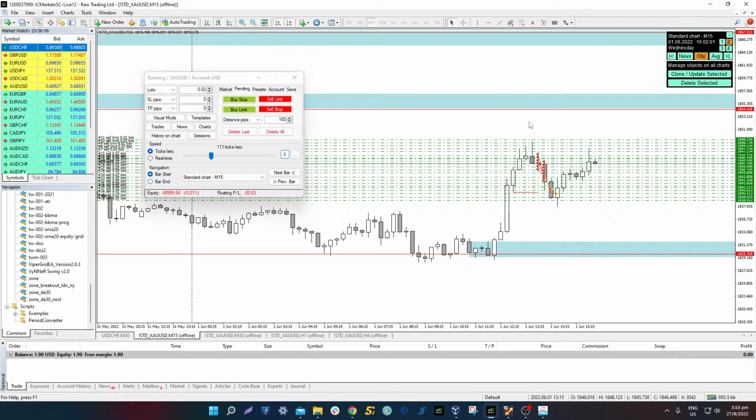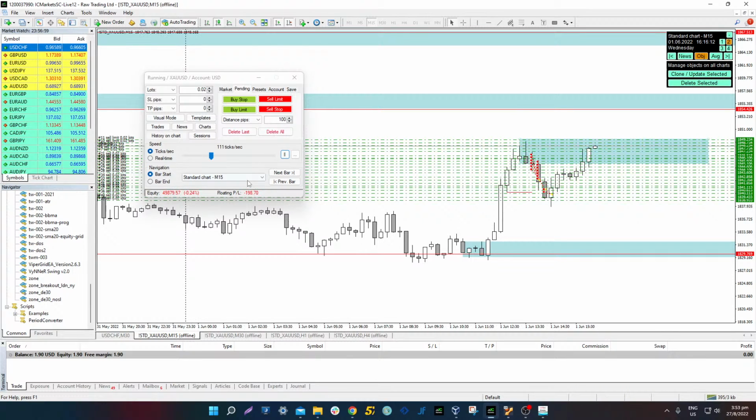So we can see the rejection of this zone on the M15, which is a good sign for us, but we are not sure if it's going to continue to go bullish or bearish at this point in time. So looking at this situation, before the price continues to go up, I'll put some limit orders. I think it's 150 from there.